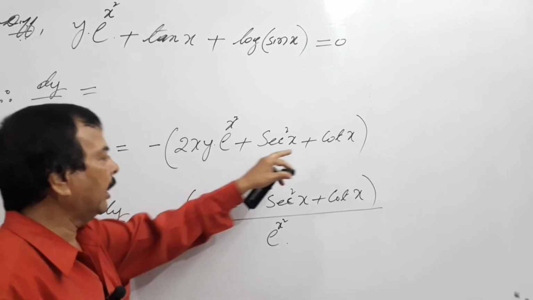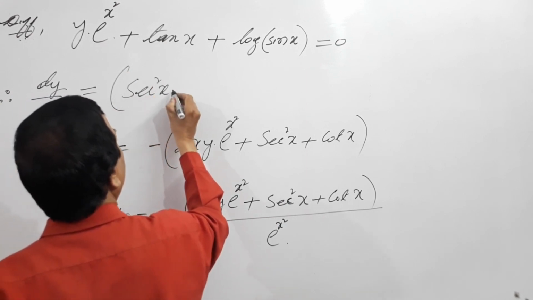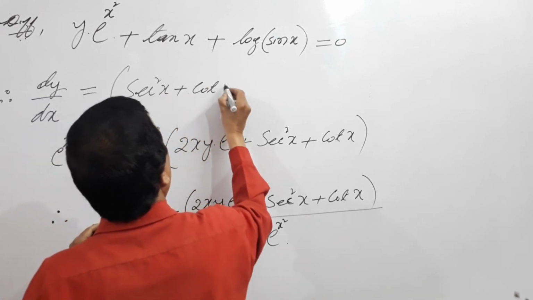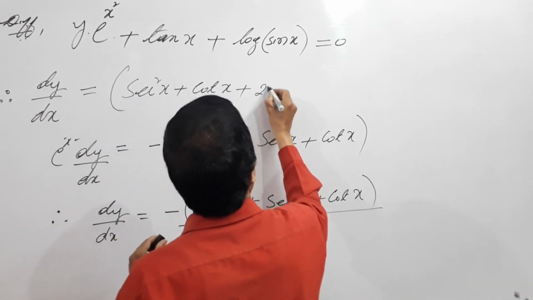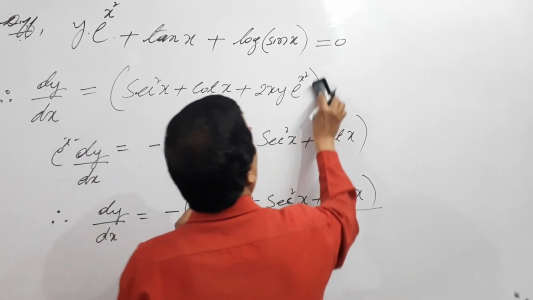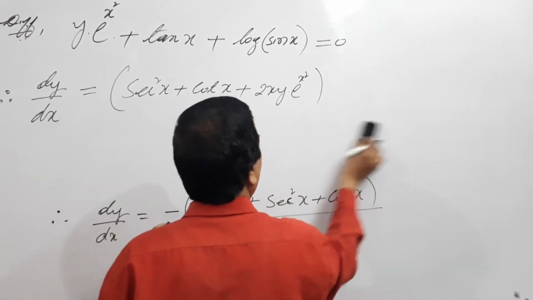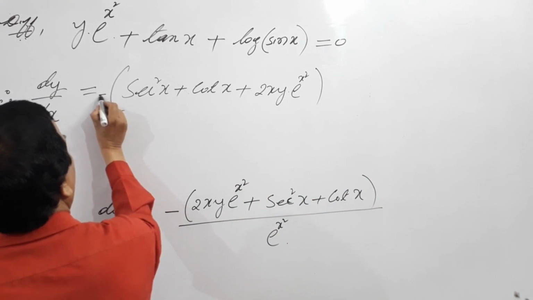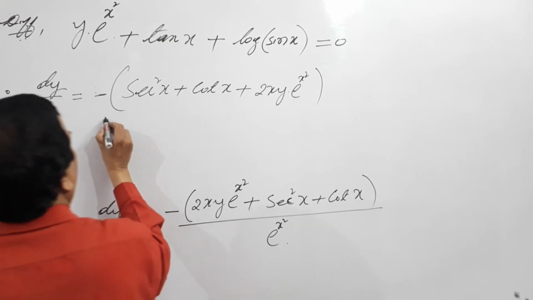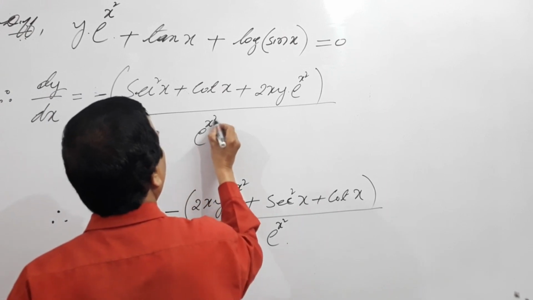Instead of writing 2xy, I'll start with secant square x plus cot x plus 2xy e to the power of x square, this minus sign is there, divided by e to the power of x square.